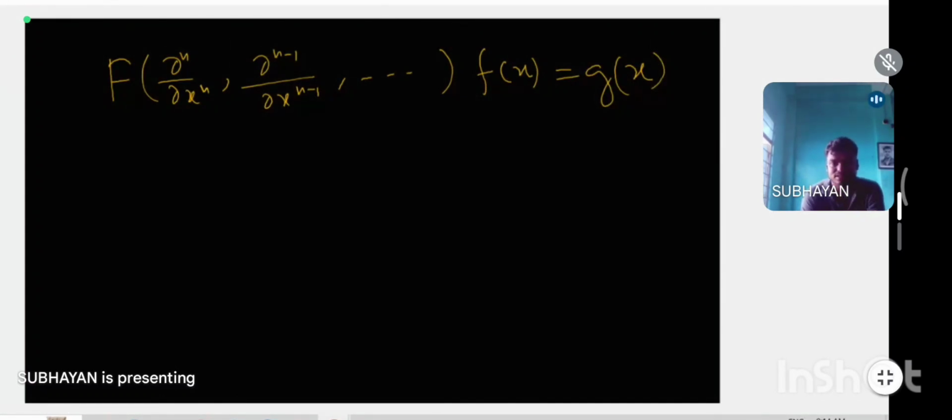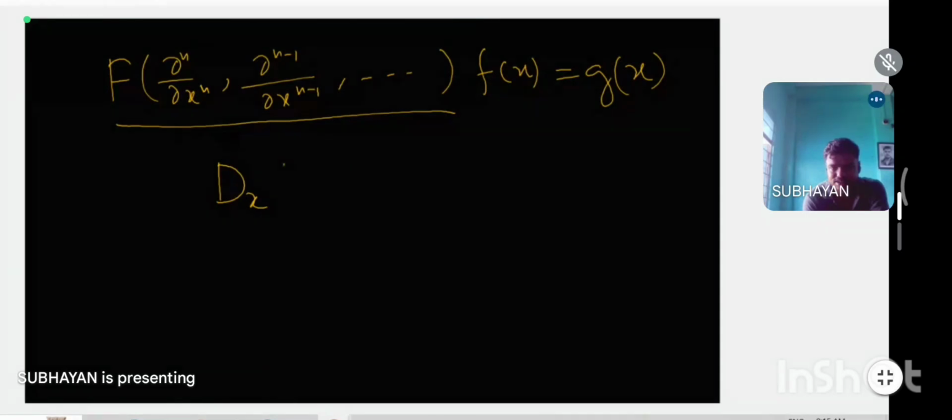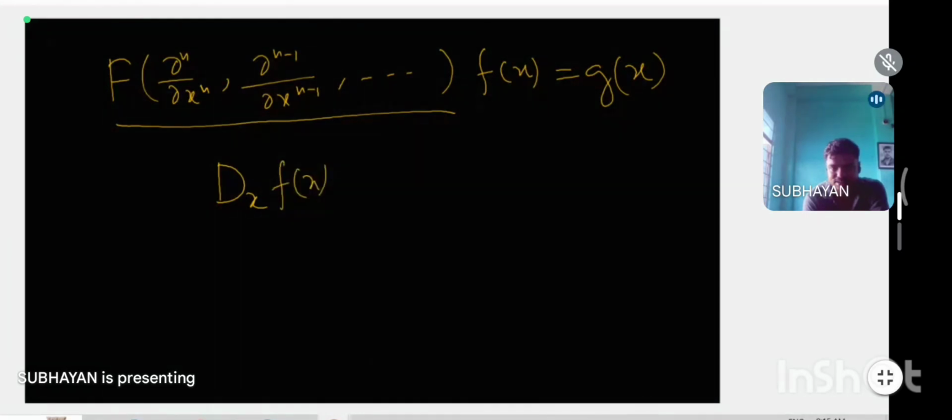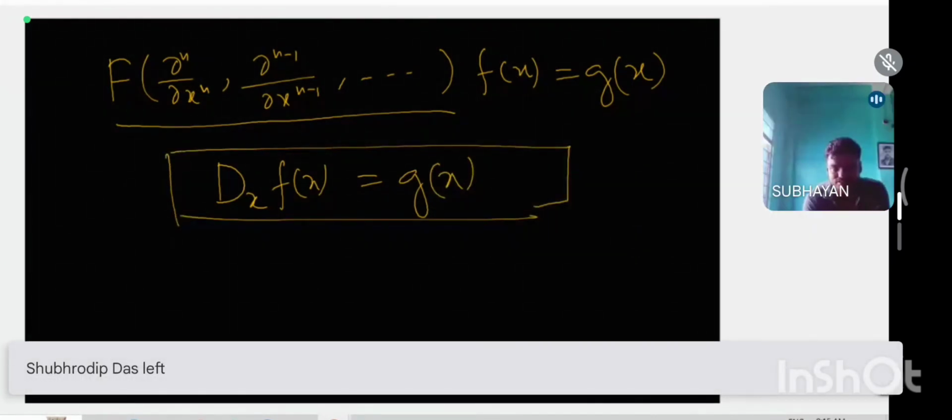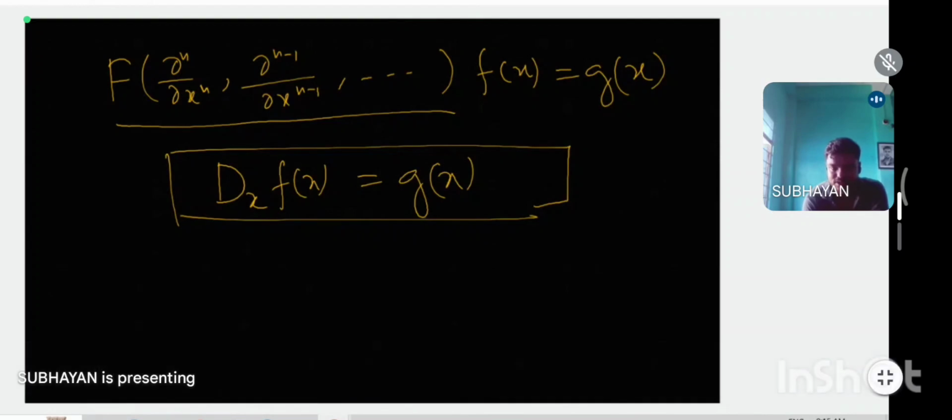So in one dimension, the form of an inhomogeneous differential equation is like that. This is some function of differential operators, and it can be taken as a whole as an operator. Suppose this is the operator D of x, acting on f of x is equal to g of x. D of x means all of these things, the function of operators and the algebraic terms.